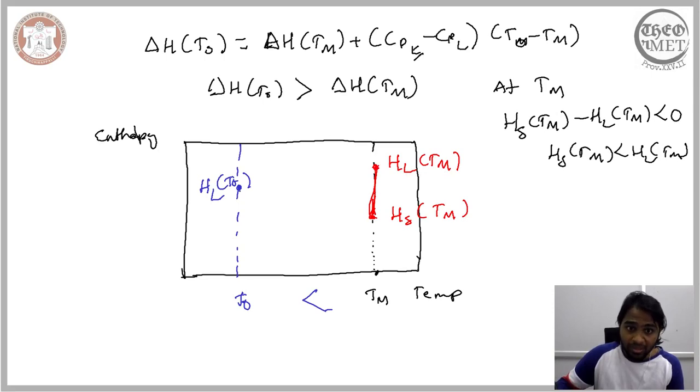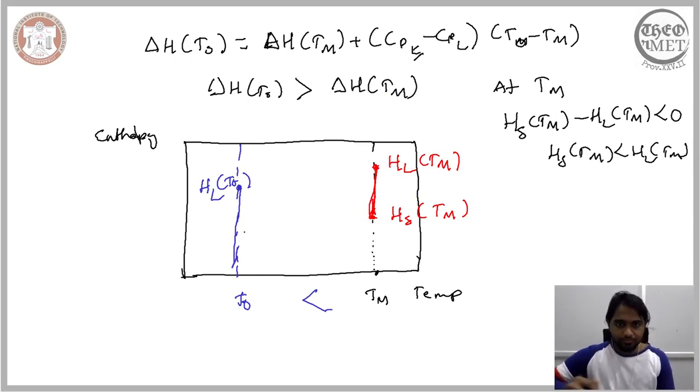So we arrived at an expression for that. And when we compared the change in the enthalpies between the liquid and solid at lower temperature, we saw in our previous relation that at lower temperature the change in the enthalpies will be higher when compared to the higher temperature Tm.